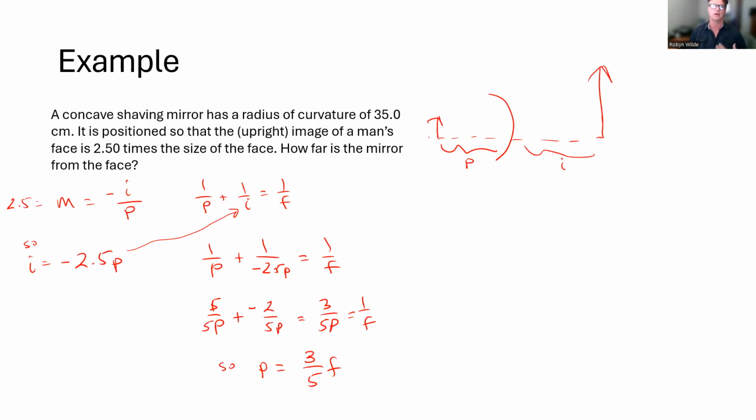But let's go ahead and get the number, because we are also told that the radius of curvature is 35 centimeters. From that, we can get the focal distance because it's half that radius of curvature. So it's 17.5 centimeters. So plugging this in here, I get a distance of 10.5 centimeters.